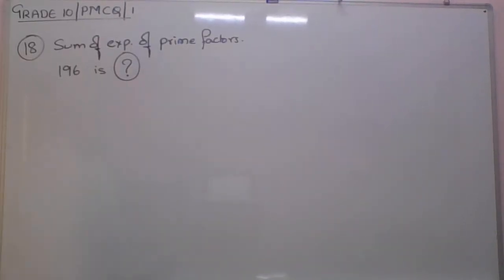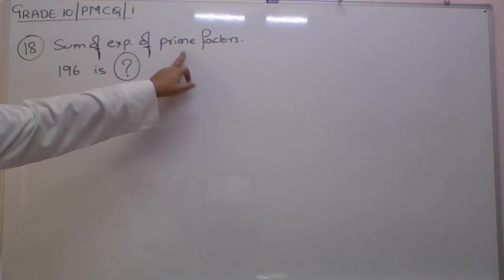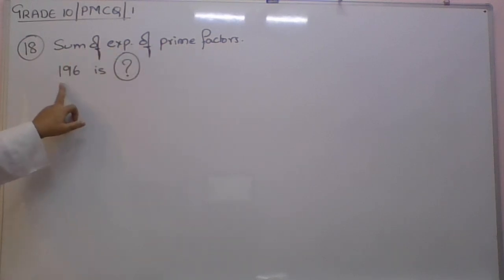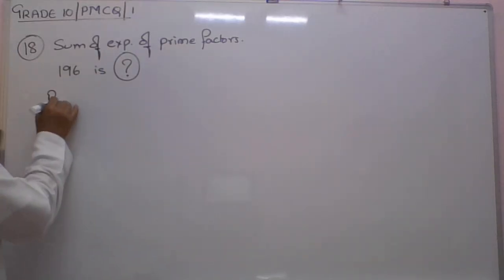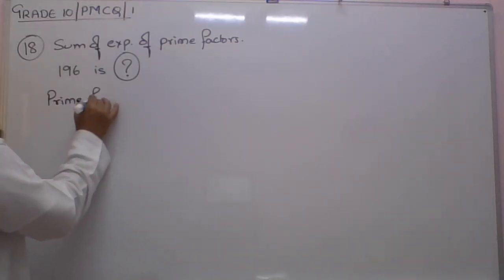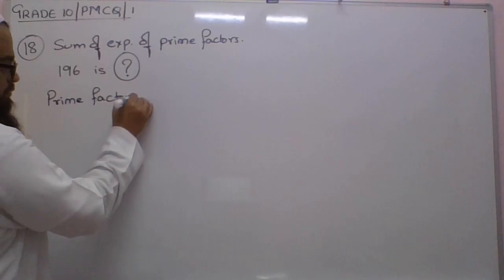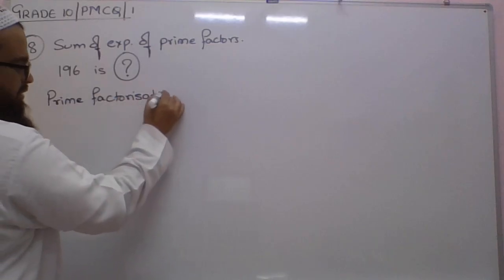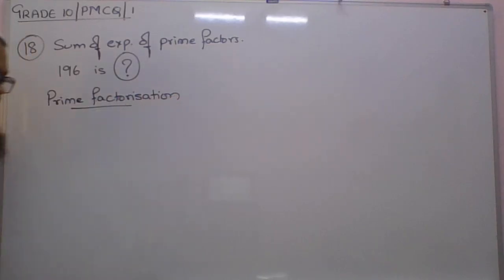The sum of exponents of prime factors in the prime factorization of 196 is how much? See, what is prime factorization? Anybody? Prime factorization is nothing but expressing the given number as a product of prime numbers.